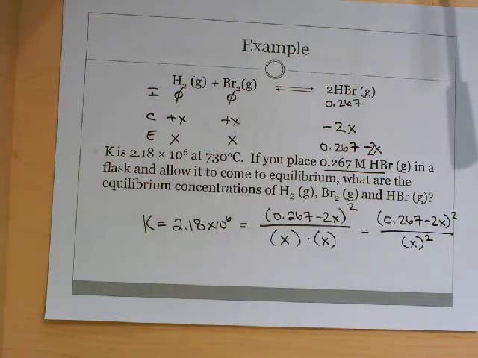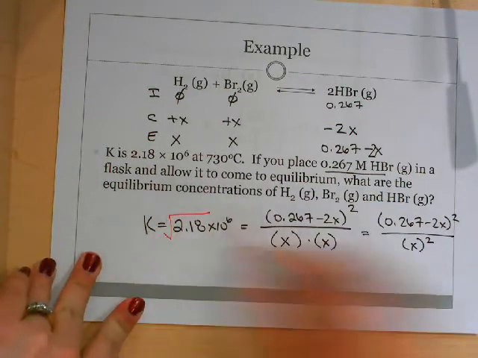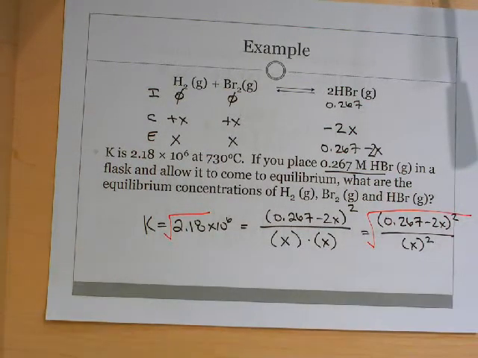So what can I do now in this case to simplify it? Take the square root of everybody. Let's see what that is. 2.18. Okay.